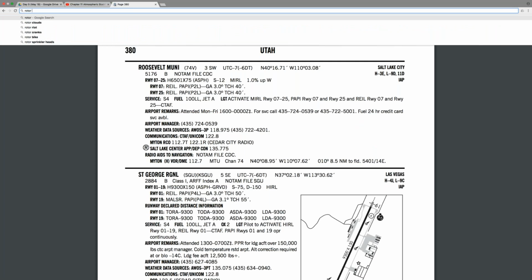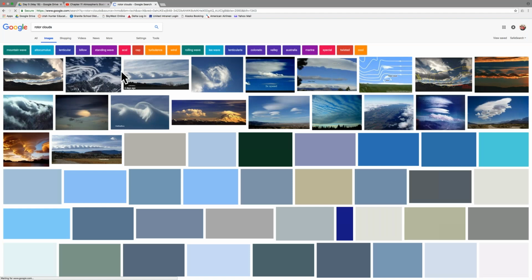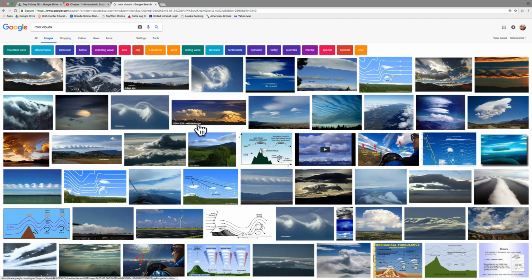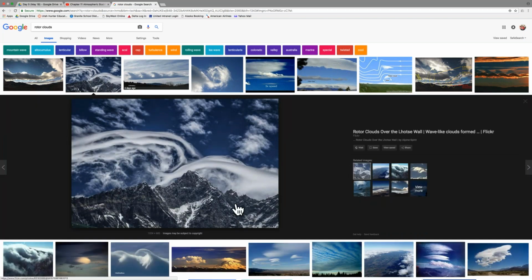Let's see. Where's a good one? I mean, that's a pretty good picture, but I was hoping to get a little more up close. But these rotor clouds get pretty violent.